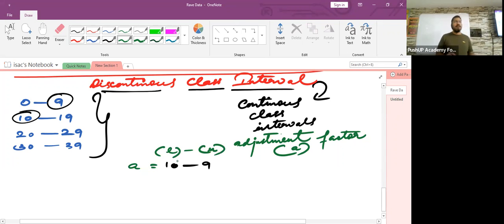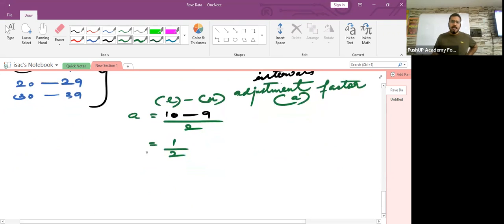Lower limit of the second one and upper limit of the first one. 10 minus 9, and then whatever value you're getting divided by 2. So in this case, it's 10 minus 9 divided by 2. 10 minus 9 is what? 1. So 1 divided by 2. And 1 divided by 2 is how much? 0.5. So this is the adjustment factor.